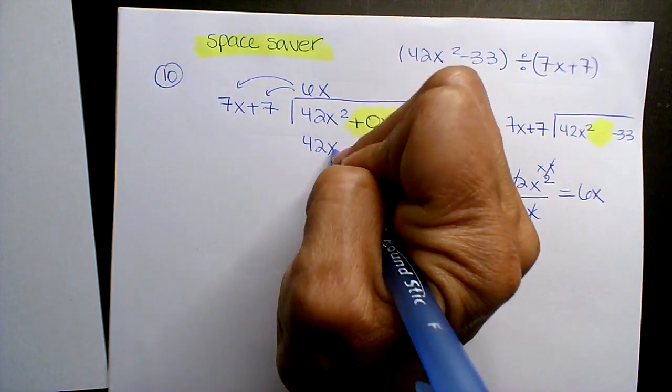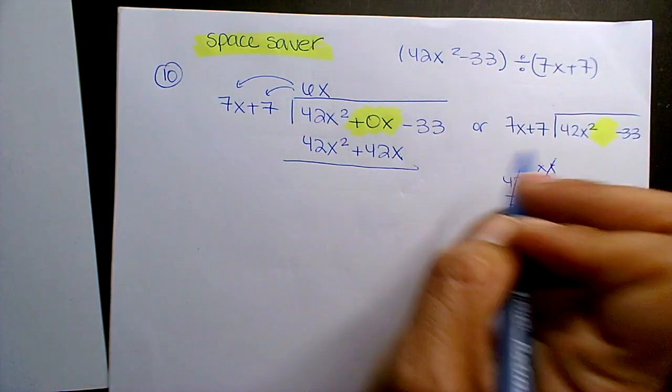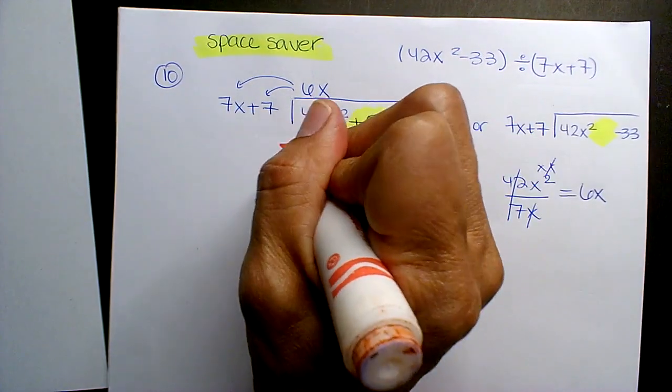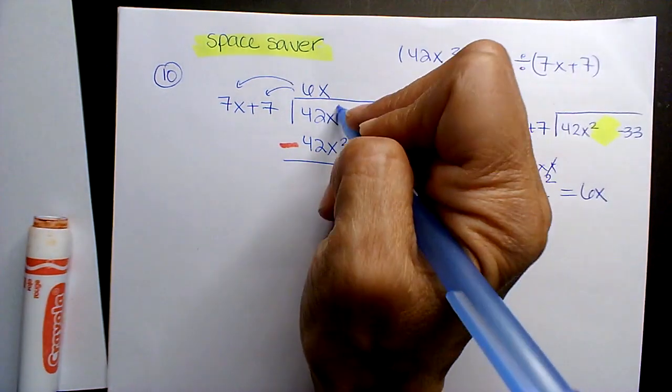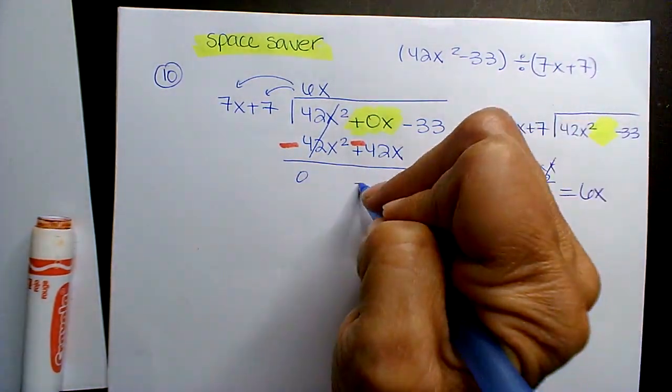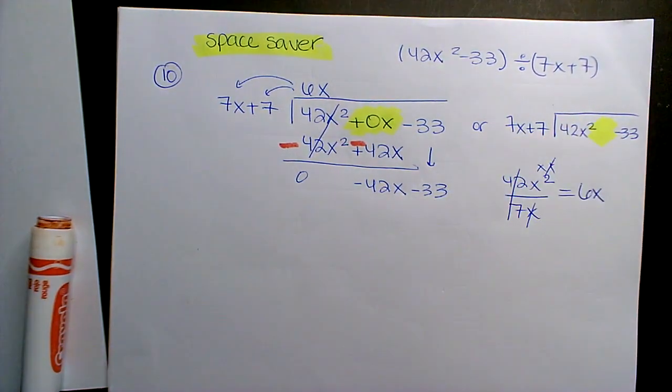So 42x squared plus 42x, and then you change the sign, but some of you are starting to switch the sign when you write it. That's totally fine. You do whatever makes sense in your head. This should always come out to a 0. This is minus 42x. Bring down the negative 33, the next term.